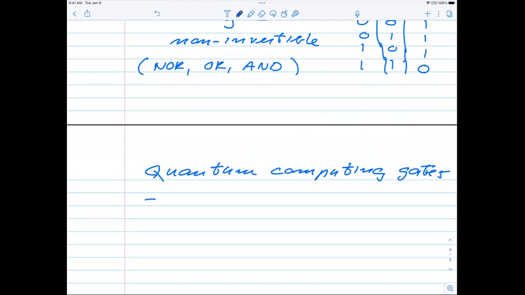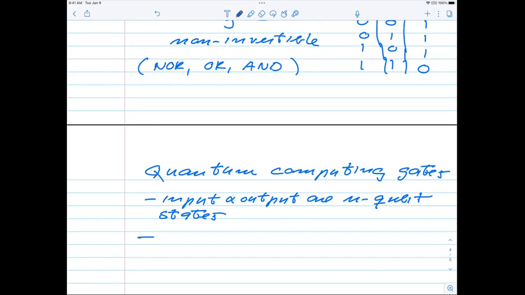So the input and output states are n-qubit states. Furthermore, the qubit states which we have are computed as the tensor products of the corresponding state vectors of the individual input and output qubits.